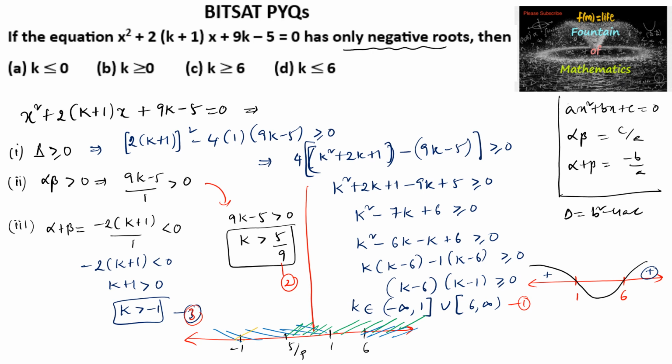So we can simplify and we can see that from all the three graphs we can observe k is greater than or equals to 6. So we can conclude that k must be greater than or equals to 6, which is option C.